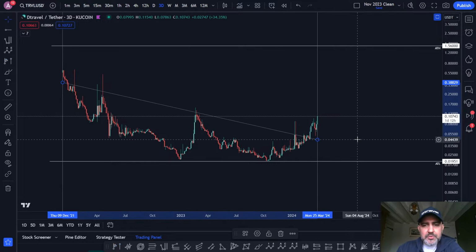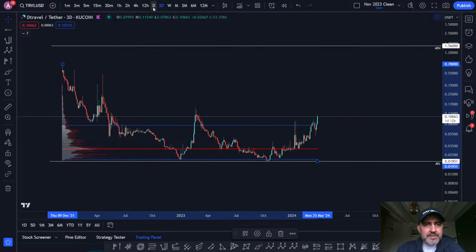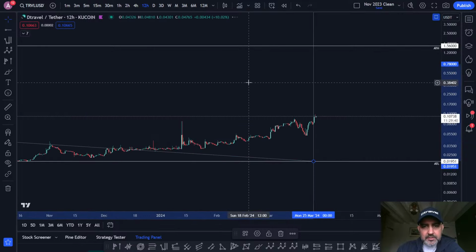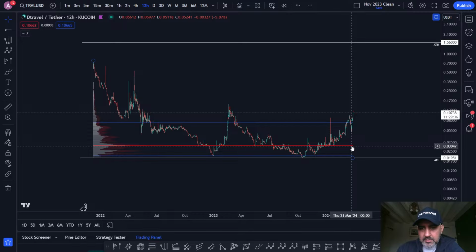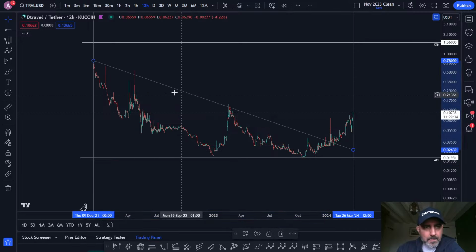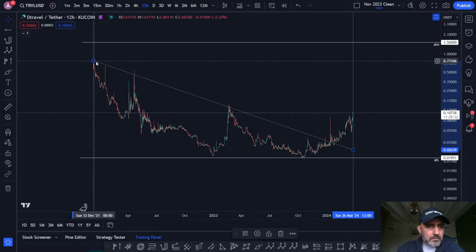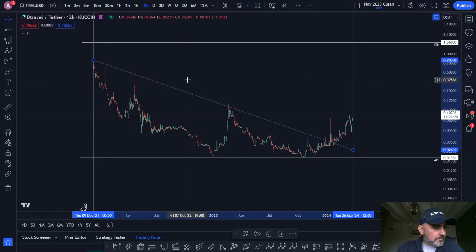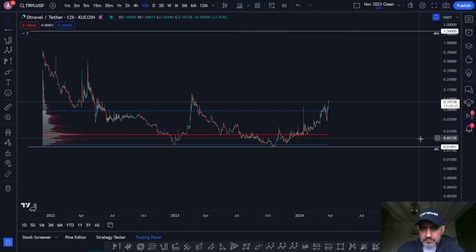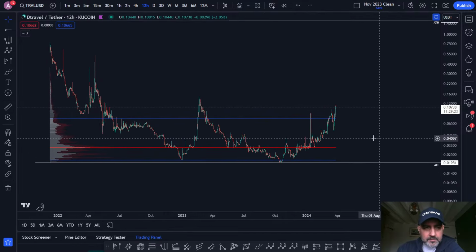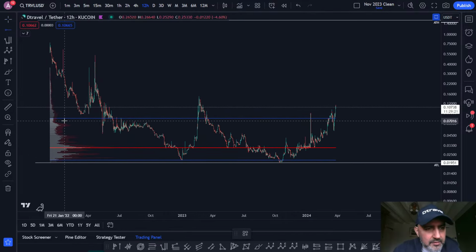Do a volume range pool. I want the current data, so I'm probably gonna zoom in a little bit just to get where we currently are at. Mark those off.